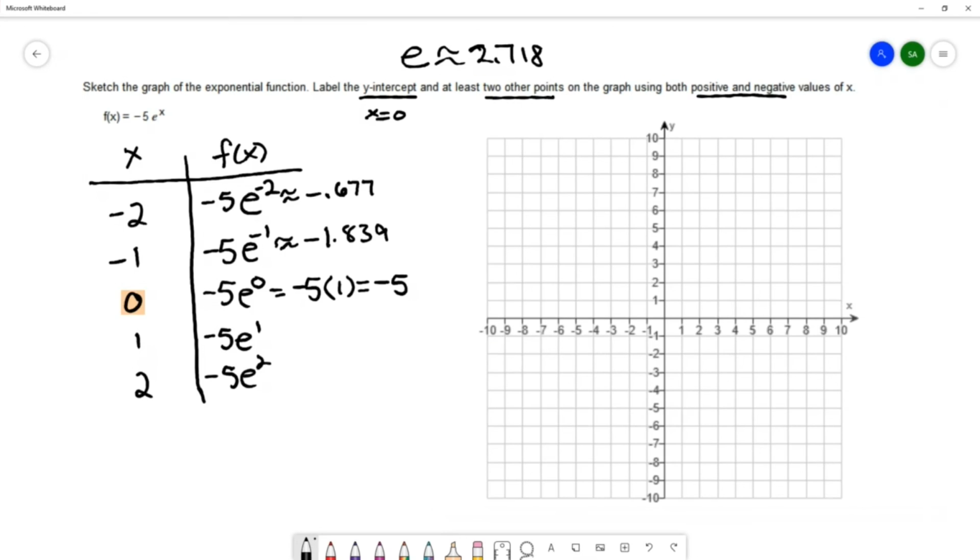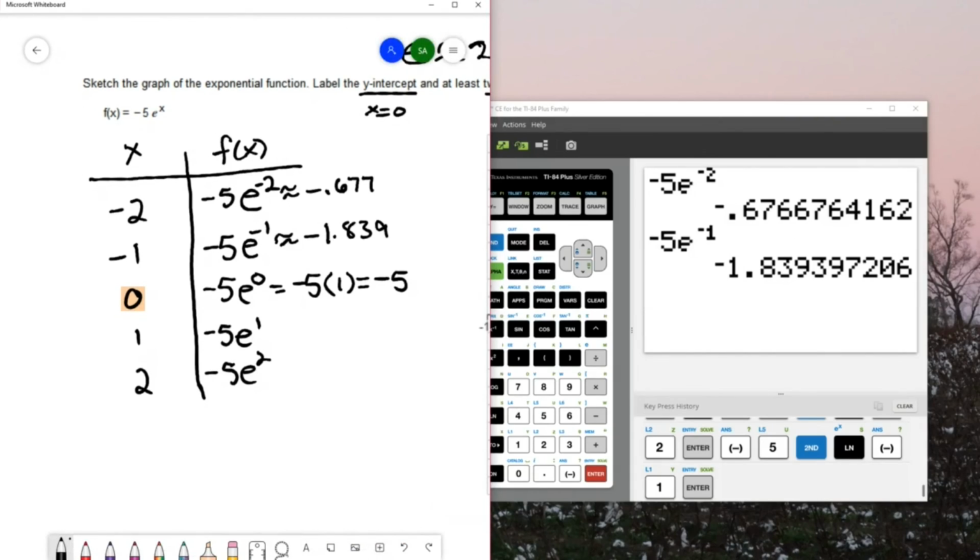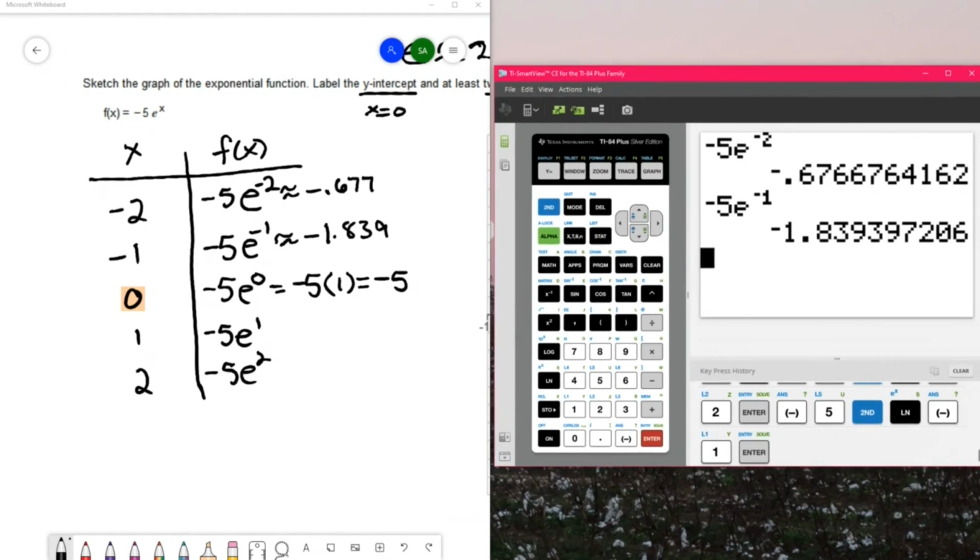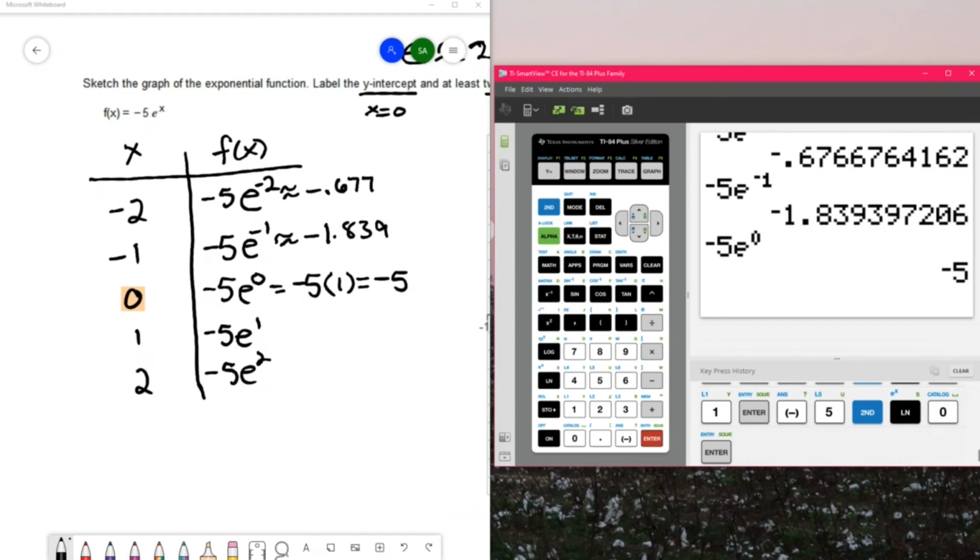And let's take a look. Maybe my calculator won't go away every time if I do this. We've already worked out negative 5e to the 0, but let's just confirm it here. Negative 5e to the 0 power gives us negative 5.